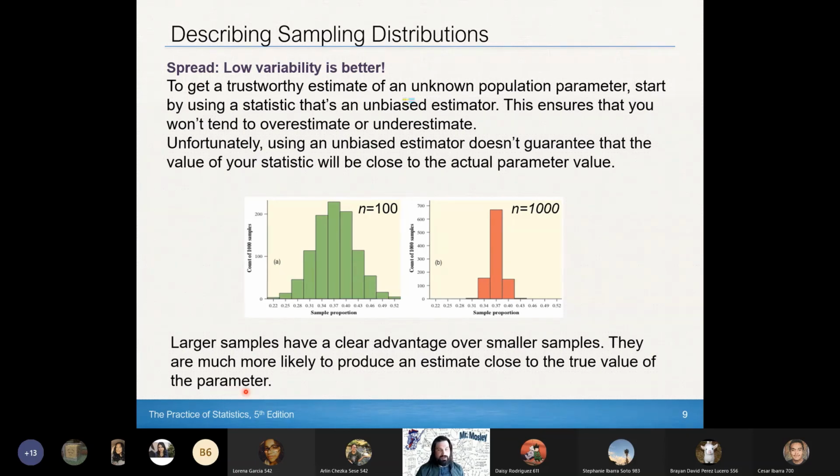It's just less variability, meaning we'll be closer to the true value. Because this has more spread, it's more varied, right? There's a possibility it won't be as accurate and won't be as close to the true value. So larger samples are better. Larger samples typically result in lower variability.